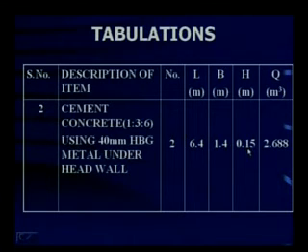The thickness or depth is 0.15 meters. On multiplication, 2 into 6.4 into 1.4 into 0.15, it comes to 2.688 cubic meters. Now this part is over. You have laid cement concrete under the head walls. What next? You need to lay some granular material under the pipe. Now we move on to the next item.